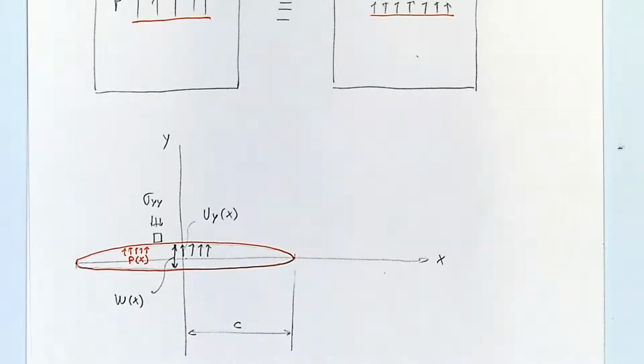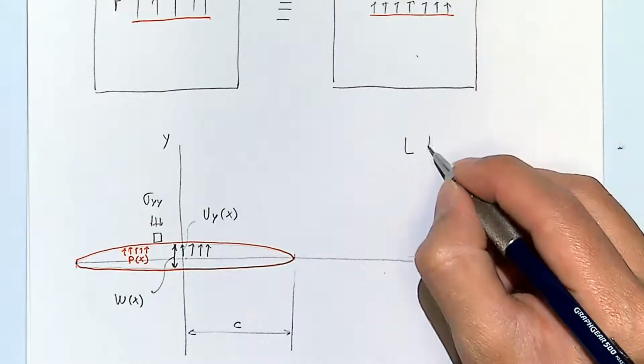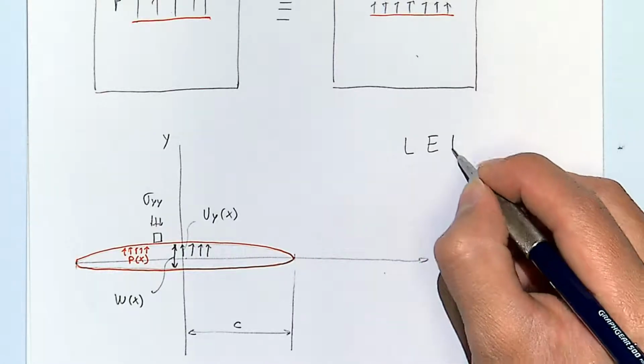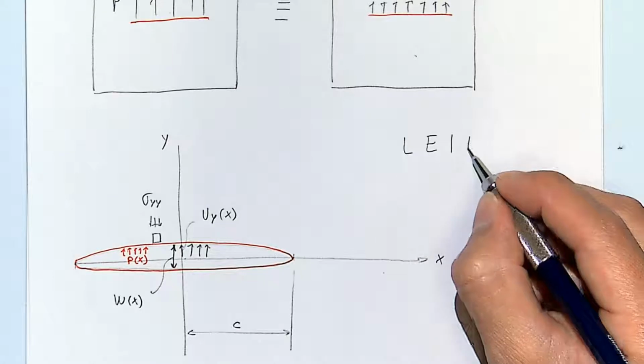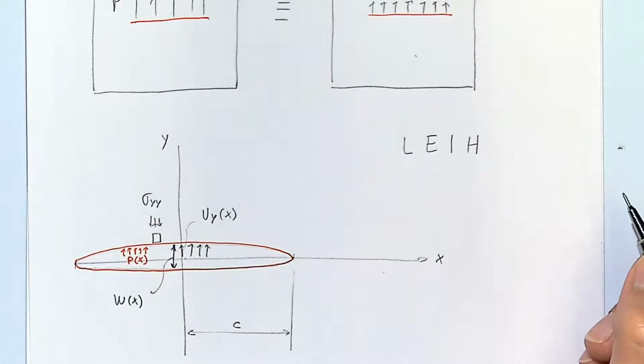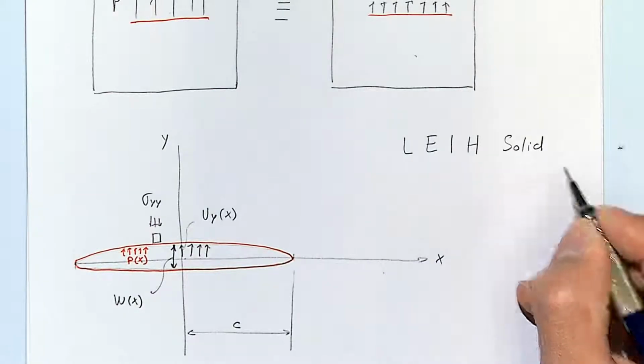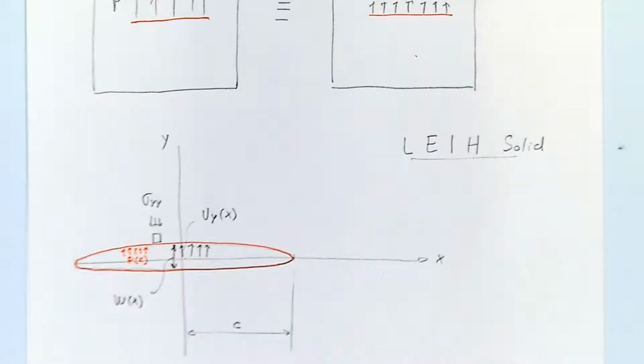All right, and in order to do that, what Griffith did was to assume a solid which is linear, which is elastic, which is isotropic, which is homogeneous. That means that properties do not vary in space. So many assumptions, right? But that's what we need in order to solve these equations.